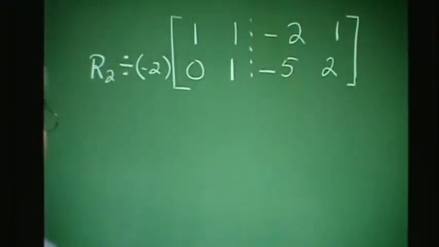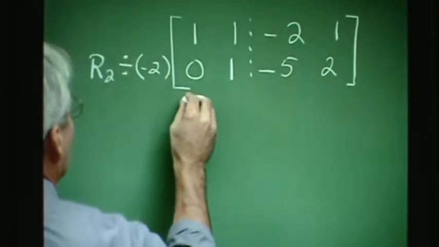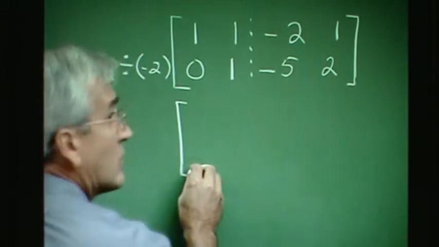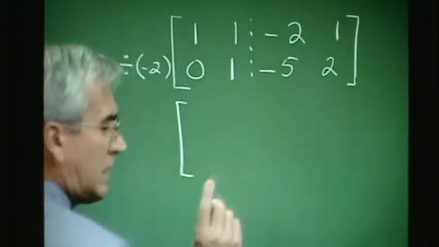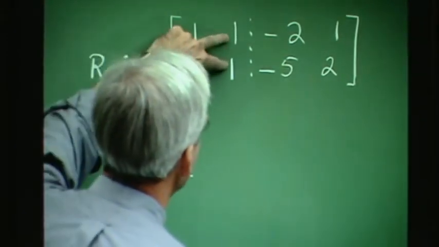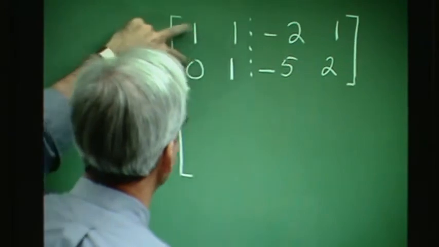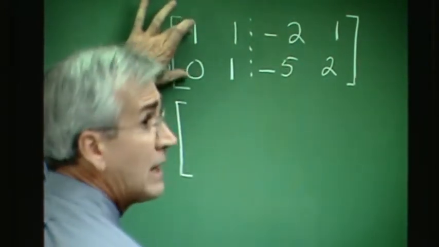Now, the last thing I need to do is cause that rascal to be a 0, and to do that, I'll play these two off of one another. I have to be a little careful about this, because whatever operation I do right here, I have to do throughout the 2 rows, and I don't want to mess this arrangement up, you see.